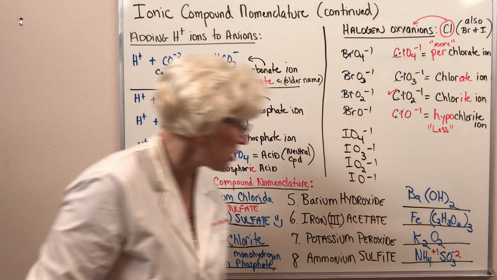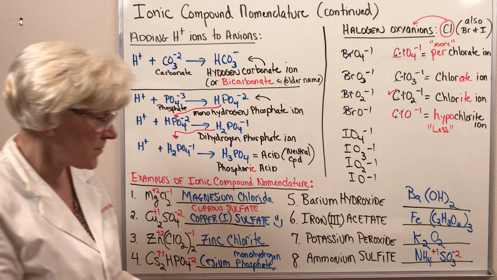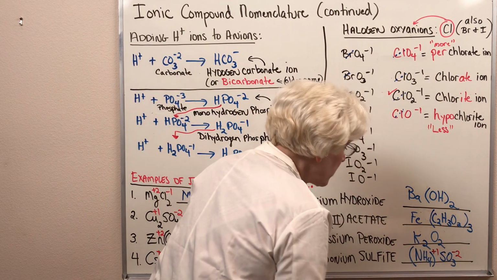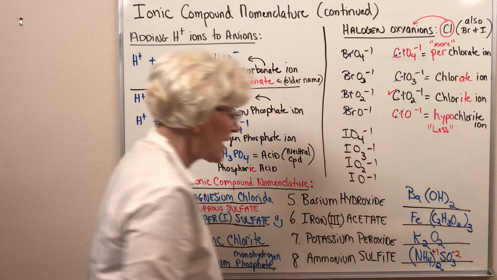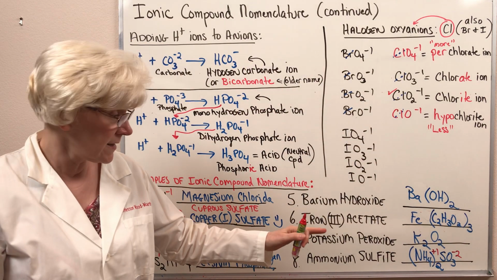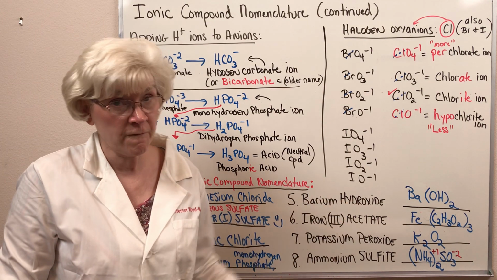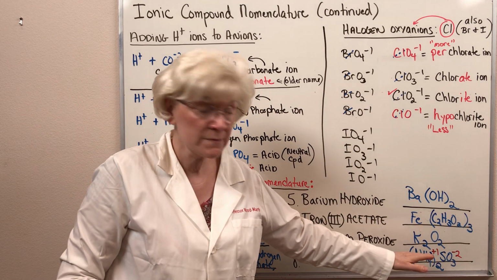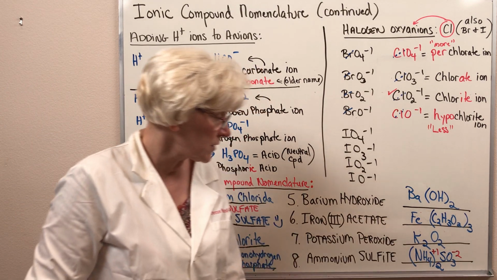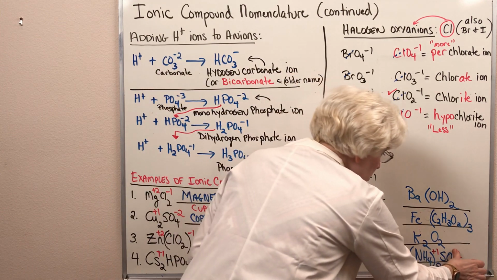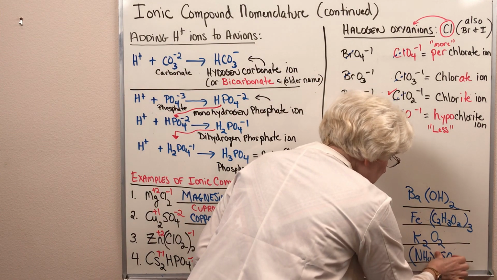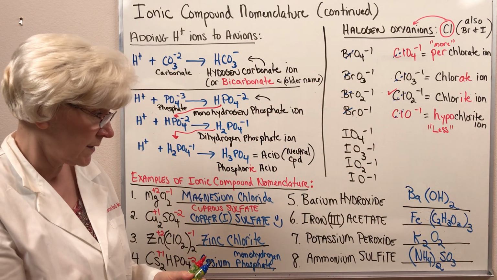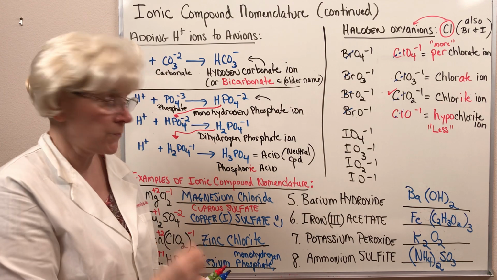Again, those charges are not adding up to 0, so I'm going to need to put a parentheses around the ammonium ion and have 2 ammonium ions present in the compound for every sulfite ion that is present. So the chemical formula for ammonium sulfate, simplest whole number ratio, removing these charges now that we've figured out what the formula is, (NH4)2SO3.